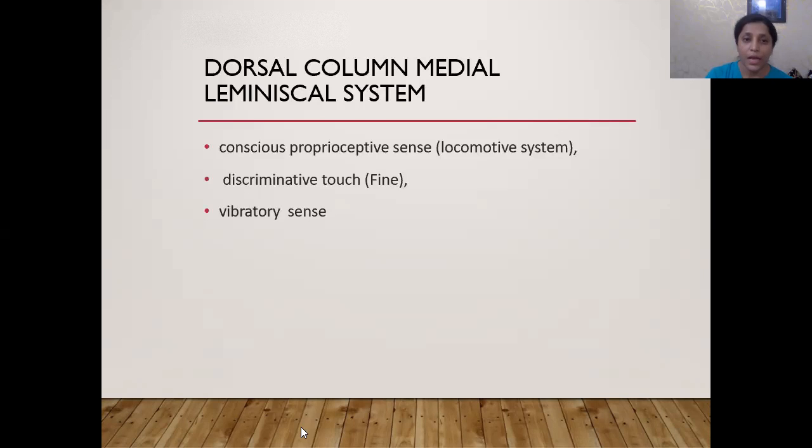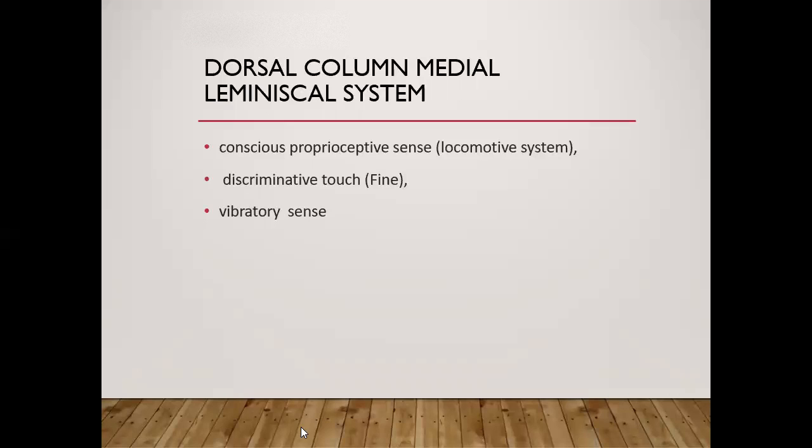Here I would like to tell you one more thing: for more defined accuracy, we have the dorsal column medial lemniscal system, which is also commonly called the dorsal column. Here, the sensations of fine touch and proprioception, which are considered the more evolved sensations, are of high velocity.